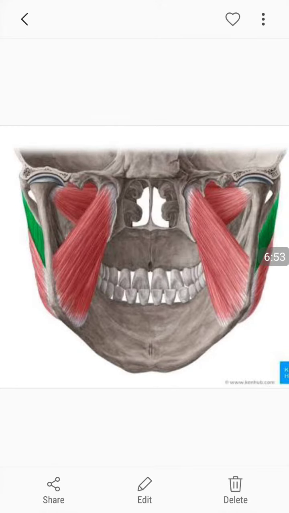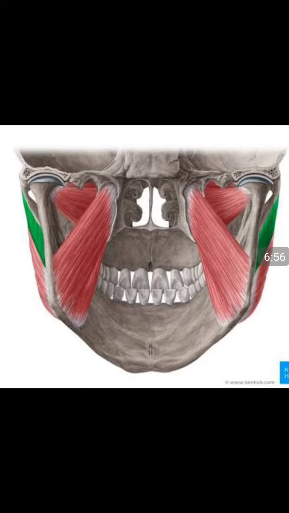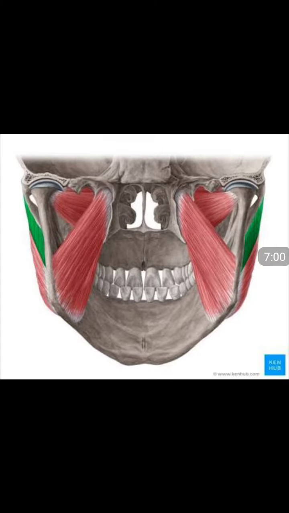Now look at this muscle. Whenever these fibers contract, it would elevate the mandible, and plus it would protrude the mandible. So all the muscles of mastication elevate the mandible except for lateral pterygoid, and most of them protrude the mandible.